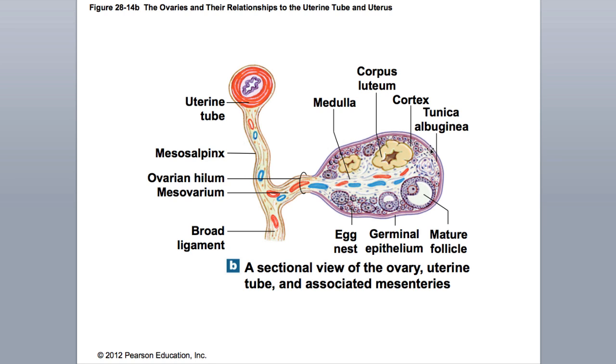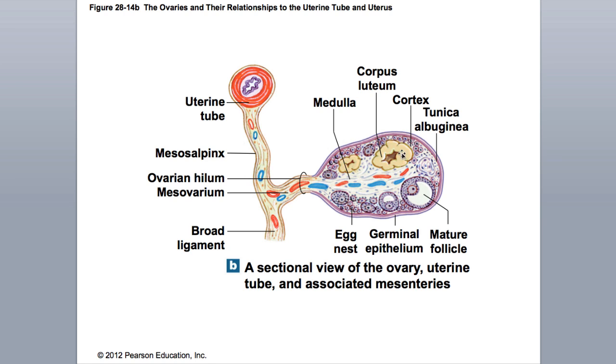Then, as we go around the cycle, we get this thing here, corpus luteum. The corpus luteum is what we have as a leftover of the mature follicle. So the mature follicle releases the secondary oocyte, which we later will call ova, and it turns into corpus luteum.